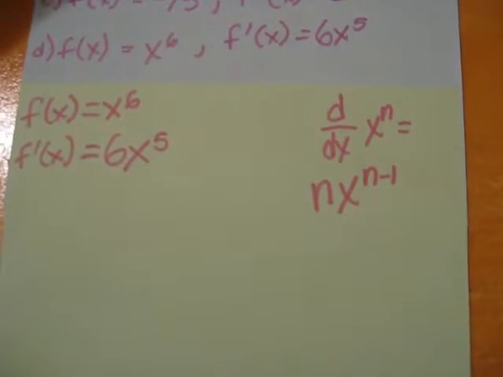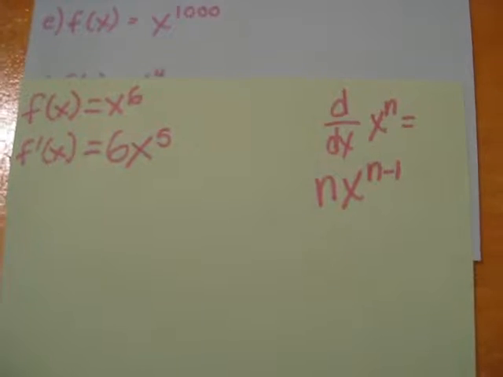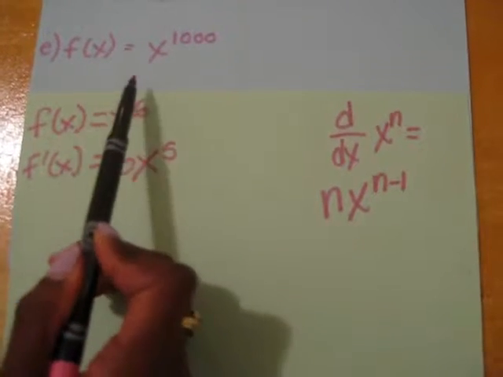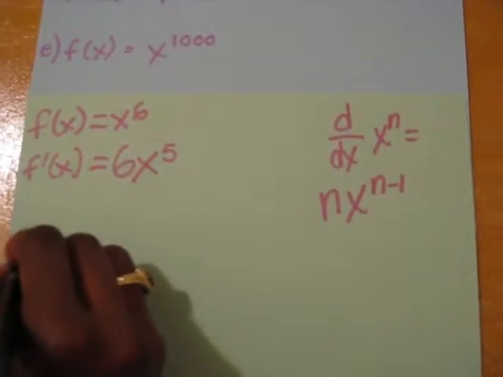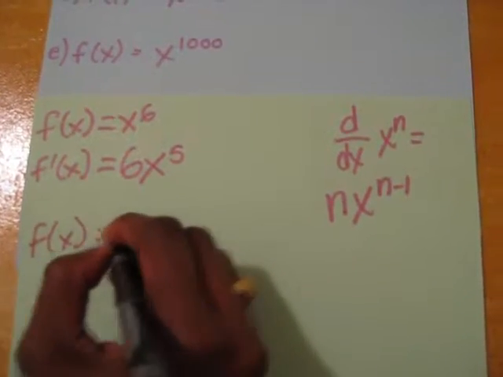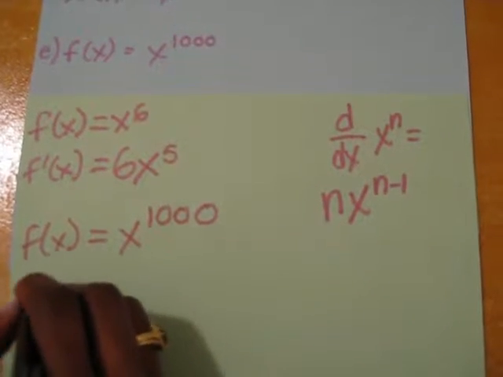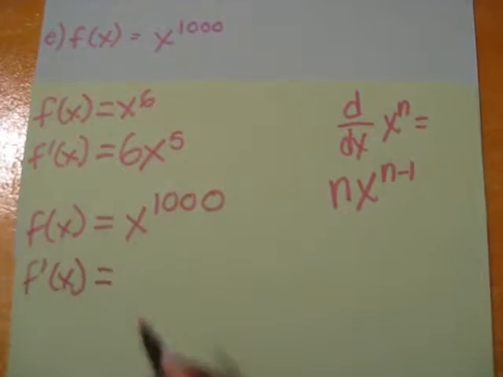Now let's try the next one. f of x equals x to the 1000. Now f prime of x will give you what?